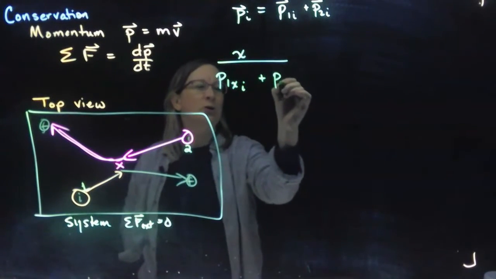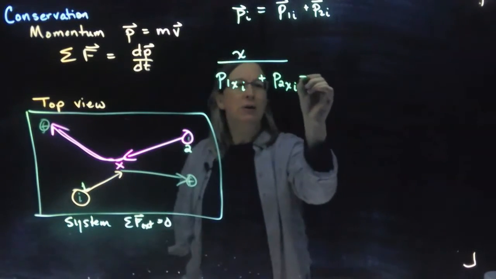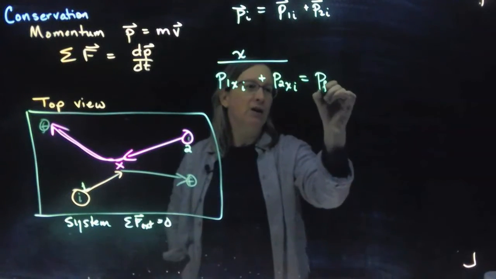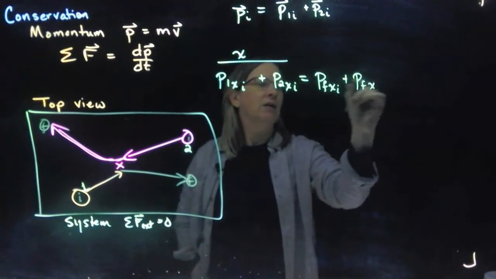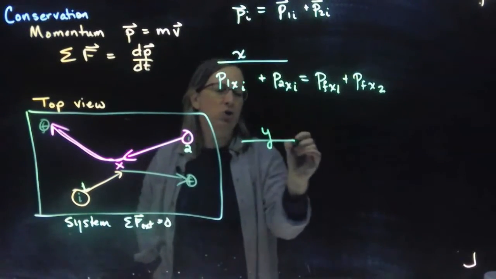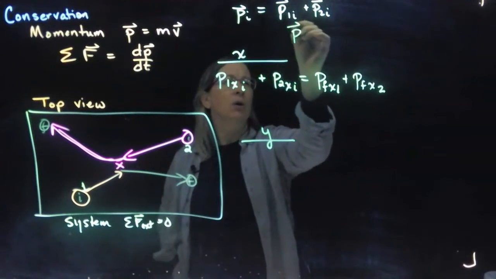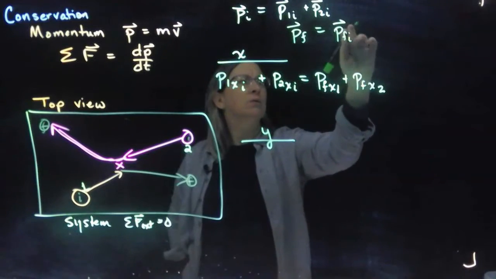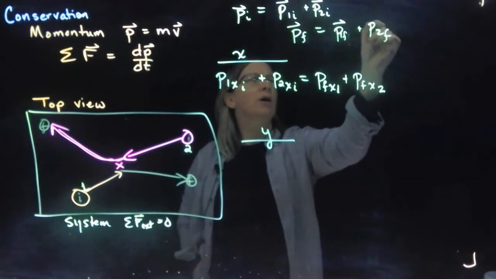Plus particle 2, its x component initially, must be equal to the final in the x direction. That's 1, that's 2. And then the same thing is true in y. In other words, p initial is equal to p final, p1 final plus p2 final.